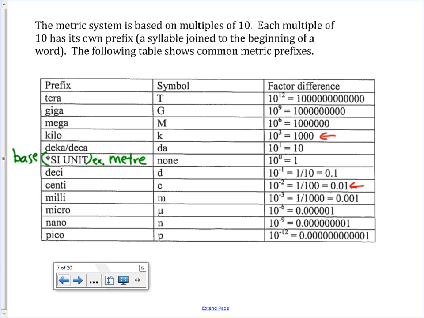So going between centimeters and kilometers is going to take a two-step conversion. First thing that we're going to do is take those centimeters and convert them into meters. And then we're going to take those meters and convert them into kilometers.